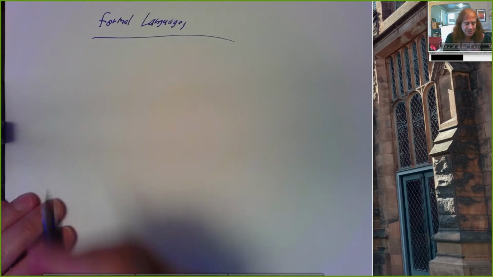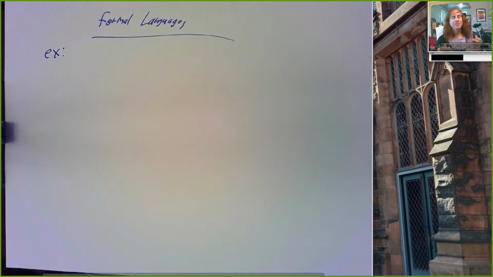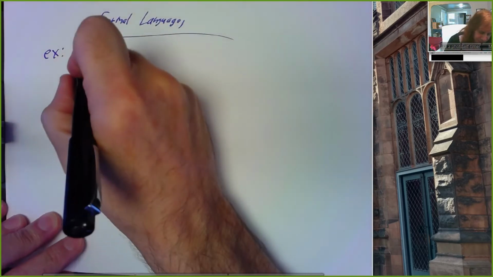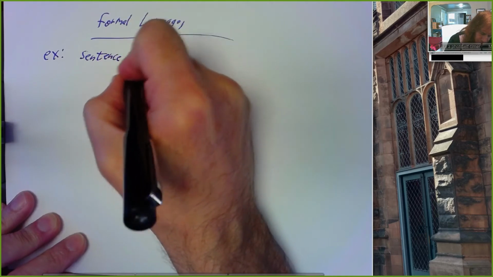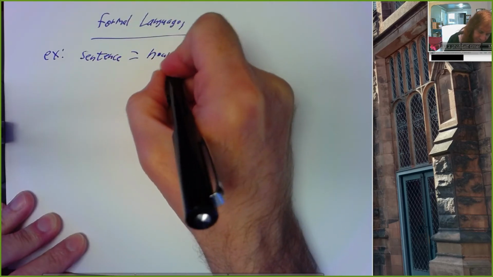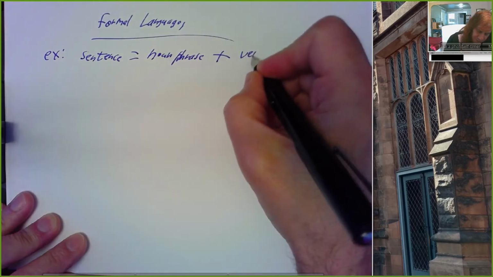And let me give you an example. So I could define a language as follows. I could say a sentence is a noun phrase followed by a verb phrase.